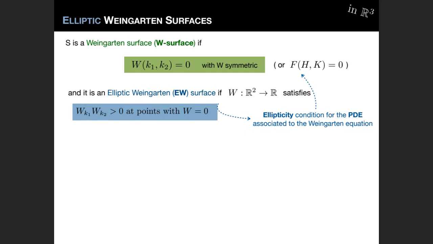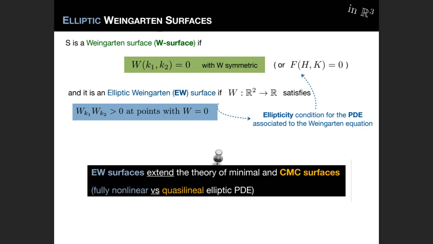So in this sense, this reminds what happens in CMC surfaces and minimal surfaces, because constant mean curvature surfaces are known to have an underlying quasi-linear elliptic partial differential equation.